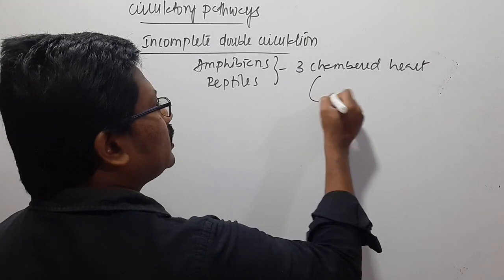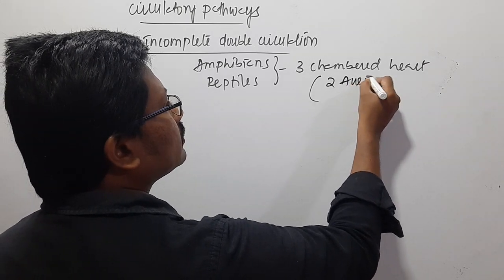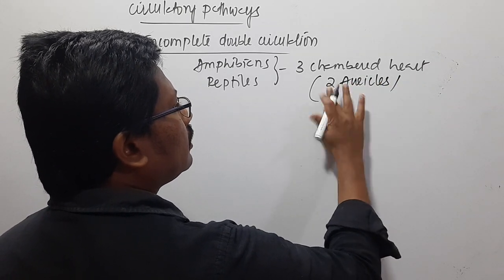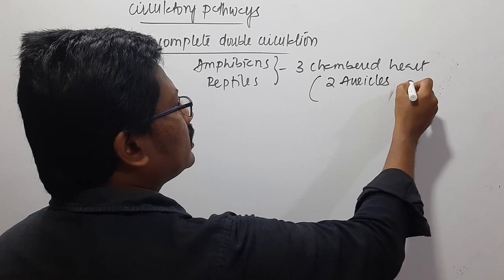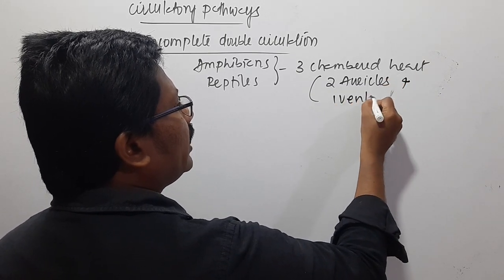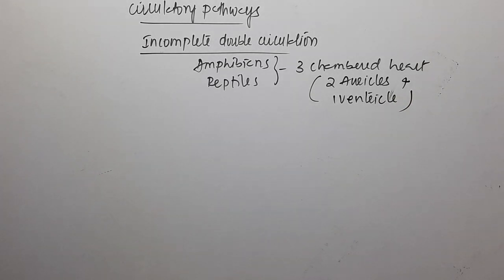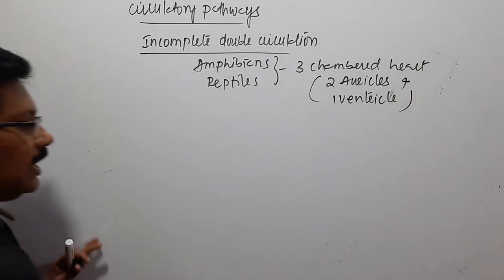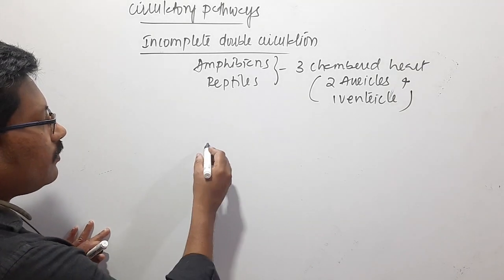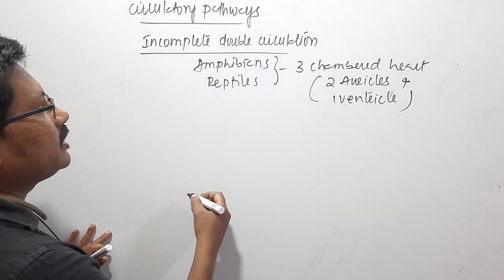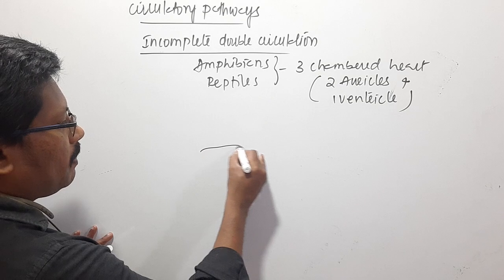In which you will see two auricles and one ventricle. Now let's see in this case how this incomplete double circulation takes place.